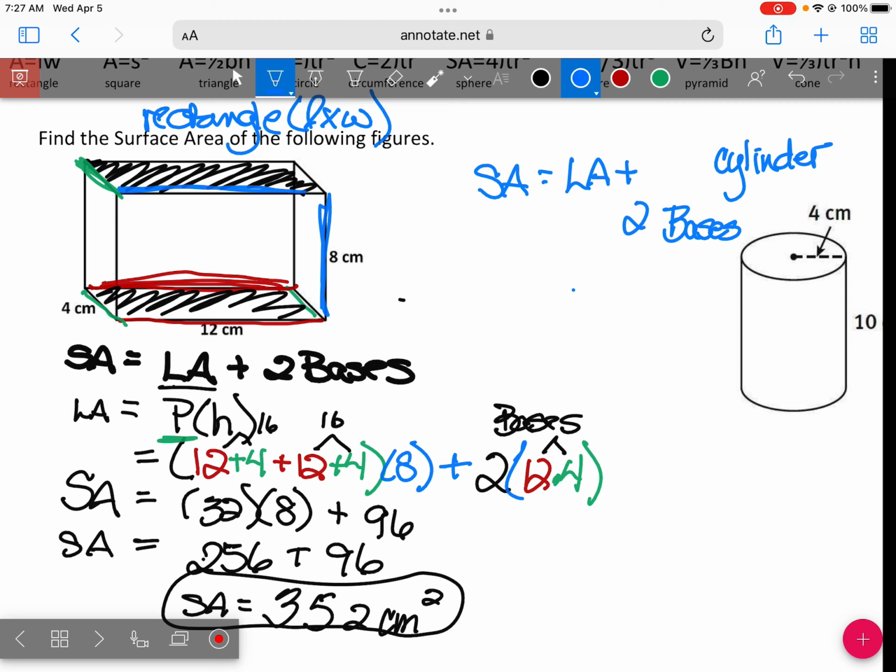So if I think of this all rolled up as a soup can, okay, we got a circle on the top, circle on the bottom, but look, when I unroll this, my side is actually a rectangle. Okay. It's a rectangle.